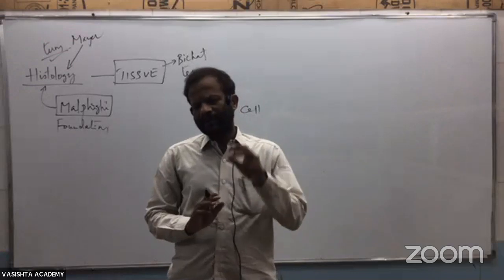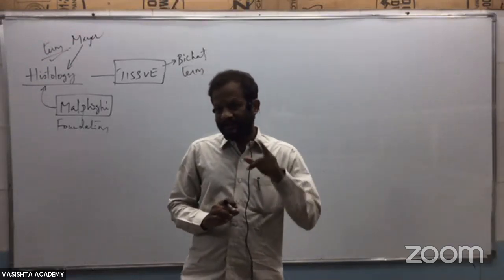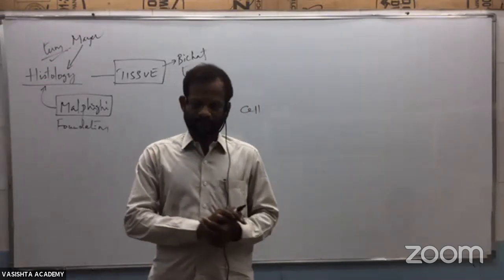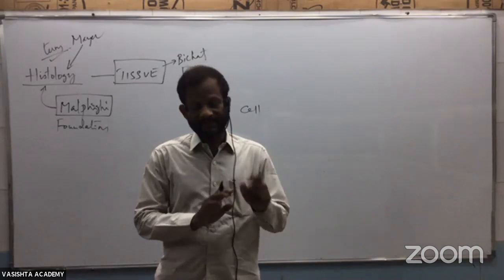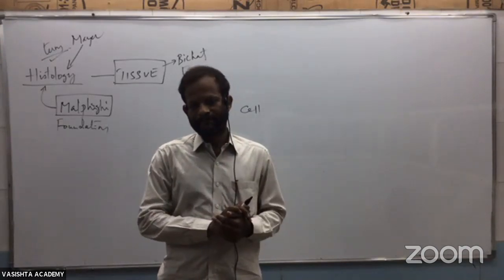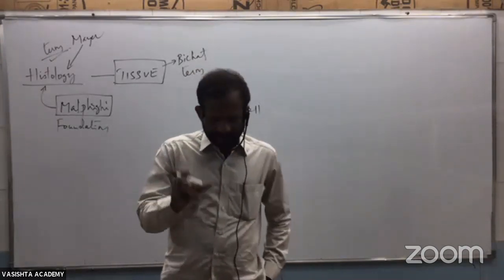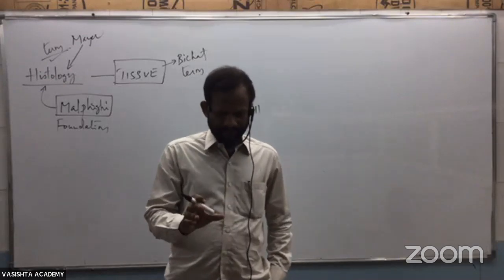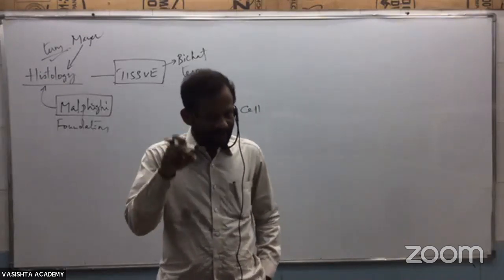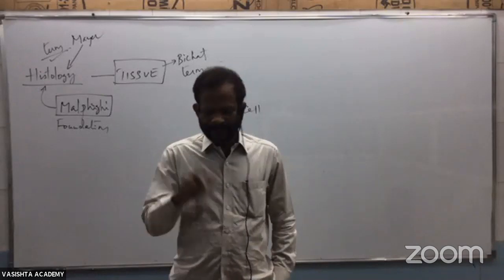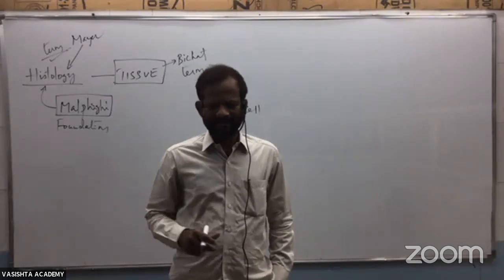You may get one doubt: is there any difference between the study of a cell and the study of a tissue? Yes, definitely. If you take the study of only a cell, you will know about the individual cell, which may have 10 characters.